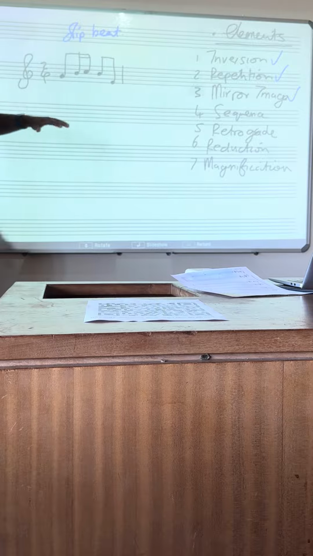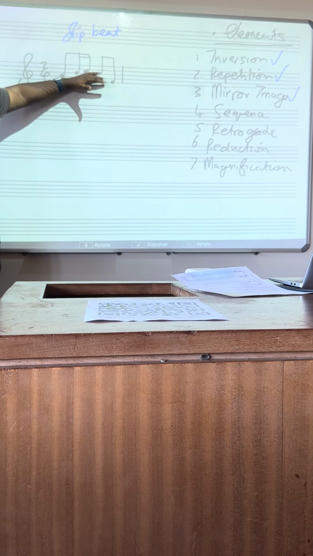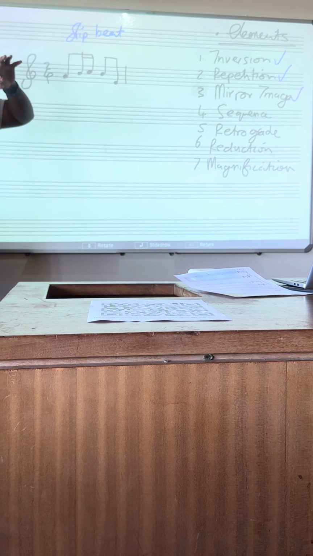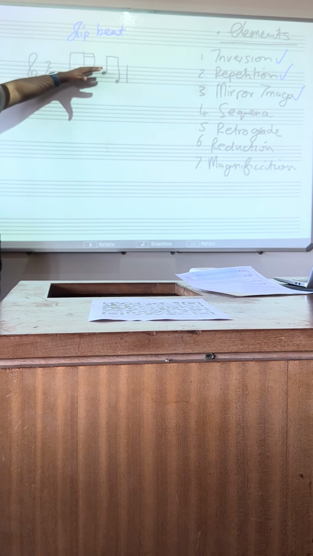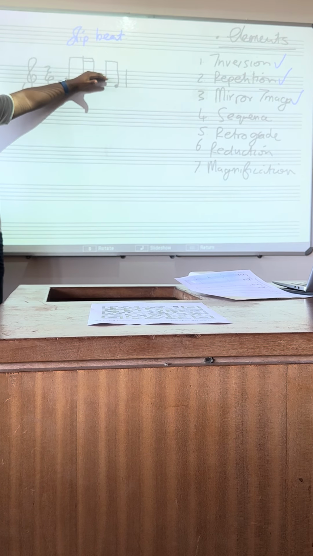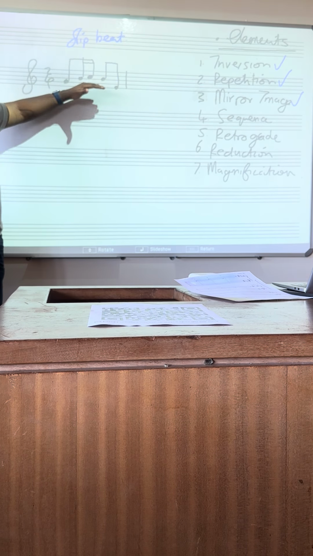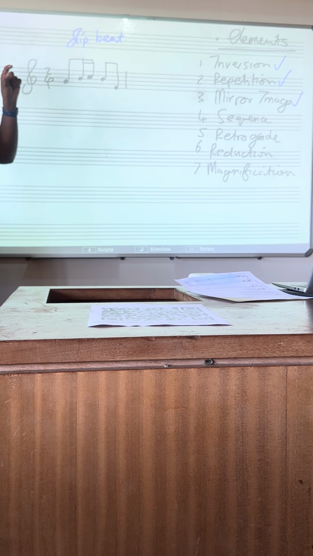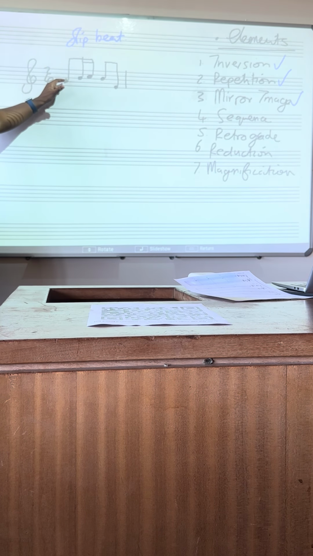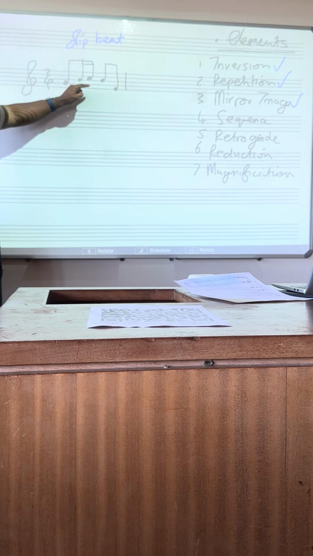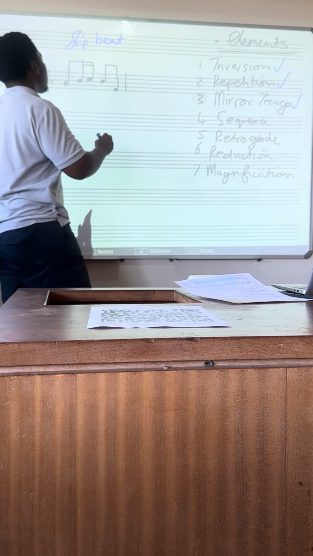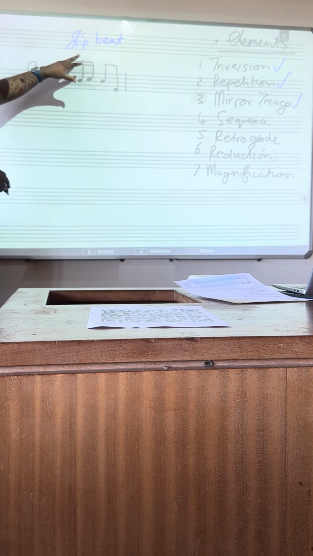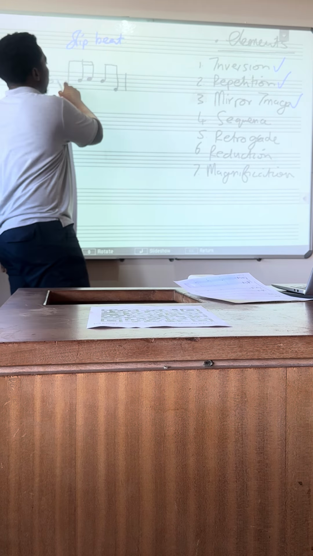So sequence is you have your melody, you shift it down or up. That's it. Not necessarily only semitone. You can take each and every note, you shift it up by one, or by a third, or down by one or third. So you're shifting the whole thing by the same interval, the same distance. So let's say we want to sequence this by taking it one up. So every note will go up.